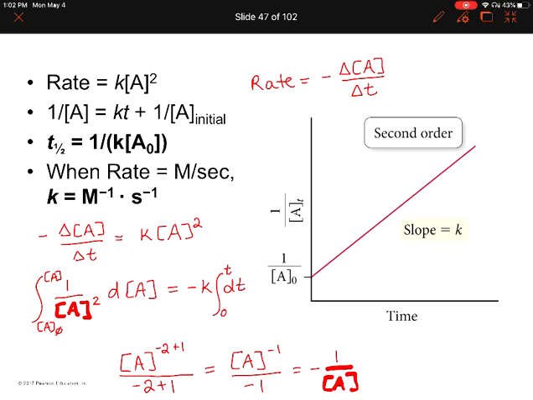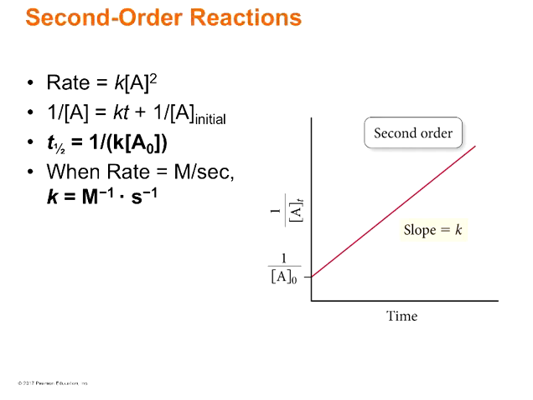So we're actually going to take the difference in the final versus the initial. All right, so let's rewrite that on the next slide. So we'll have negative 1 over the final concentration of A minus negative 1 over the initial concentration of A. And then that will equal negative KT.